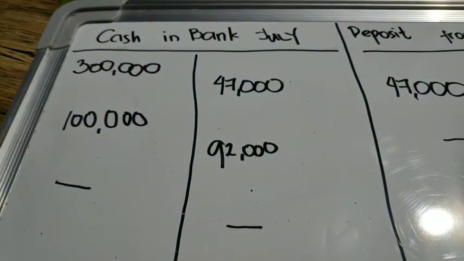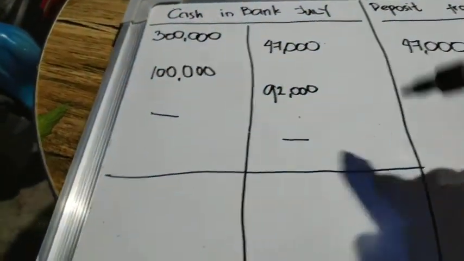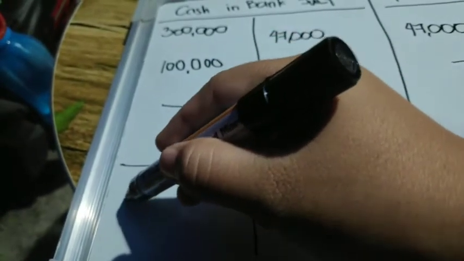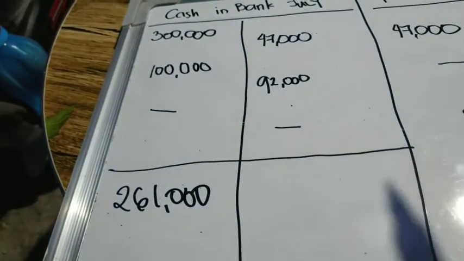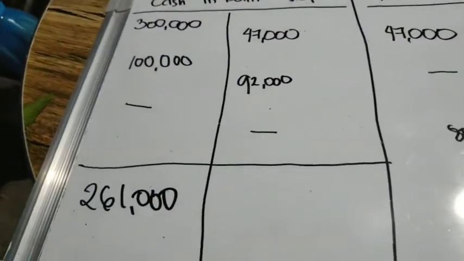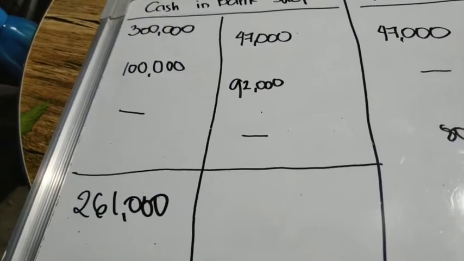So, minus 47,000 and minus 92,000. So, for the cash in bank, the total cash reflected on the book of the company is 261,000. Okay, that is the total cash balance in the cash in bank.